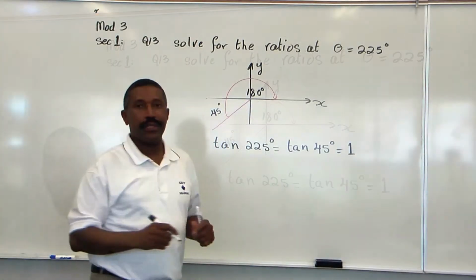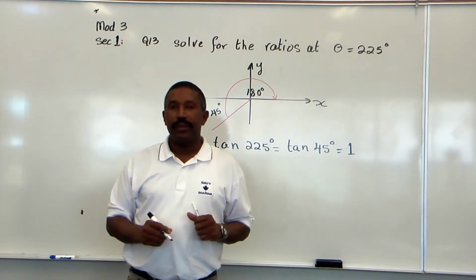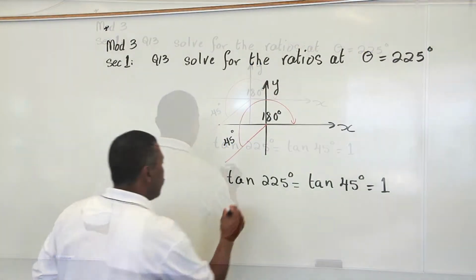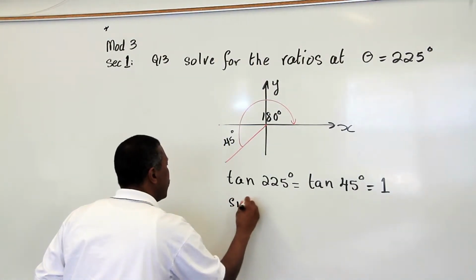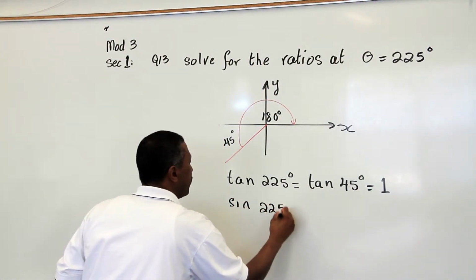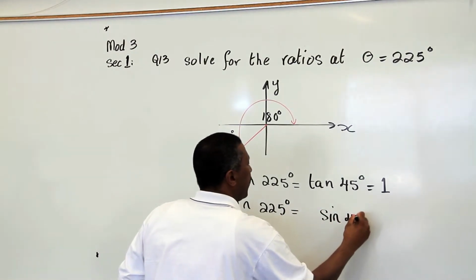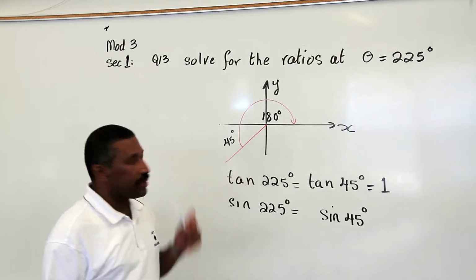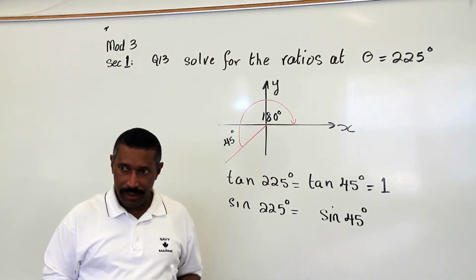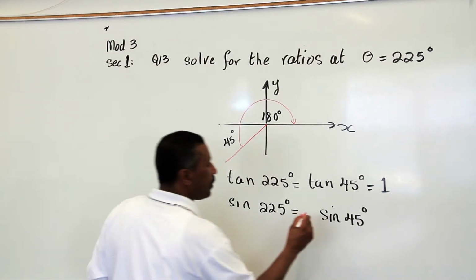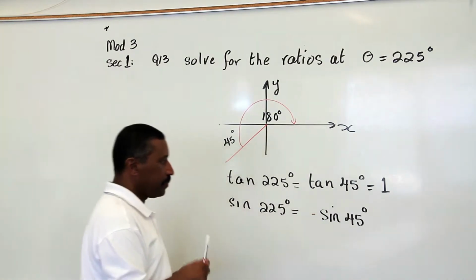But what about the other two ratios? What would they be? We would have sine 225 degrees, which of course would be sine 45. But in this quadrant, what do we know about this quadrant for sine? It would be a negative.